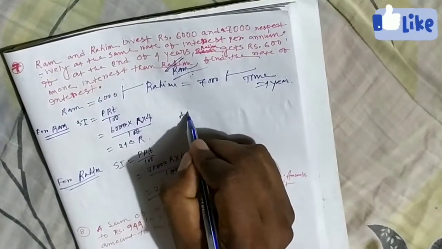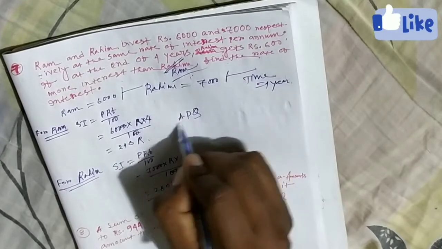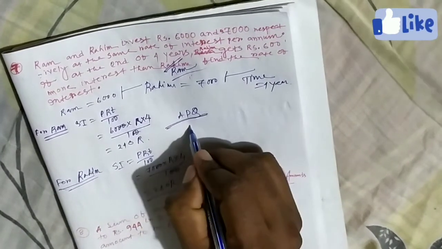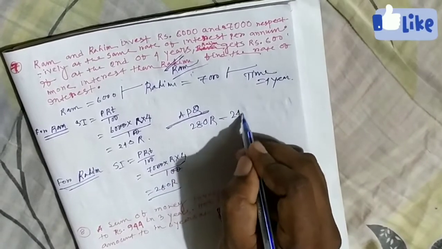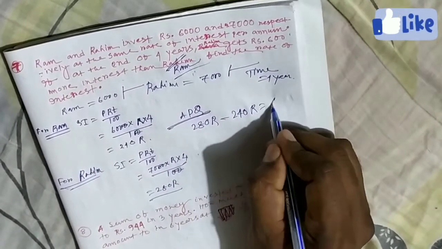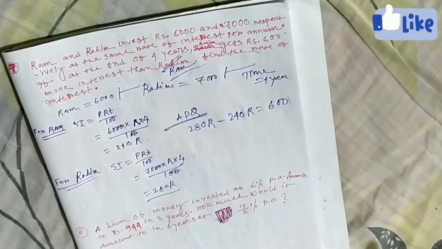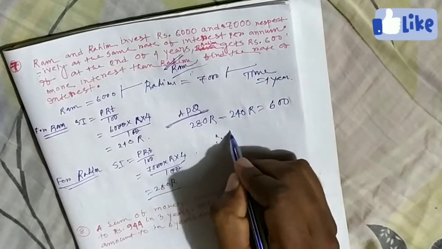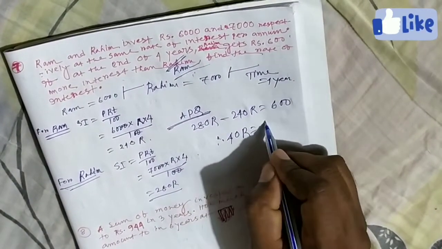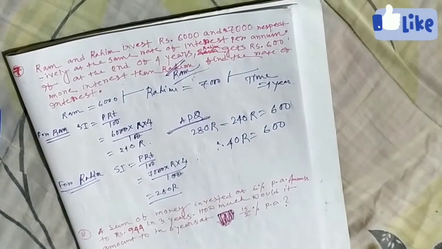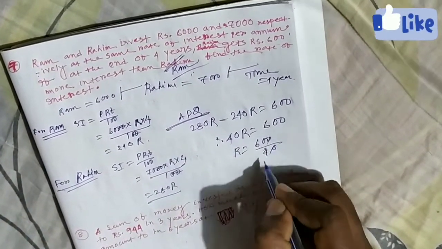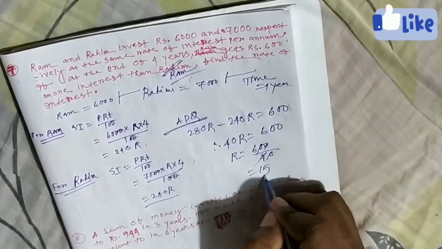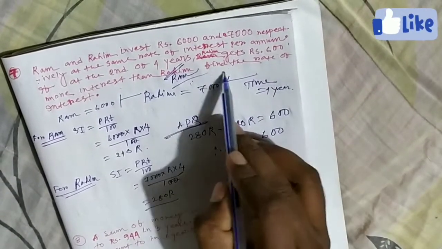As per question, 280 R minus 240 R is equal to 600. Therefore, 40 R is equal to 600. R is equal to... find the rate of interest.